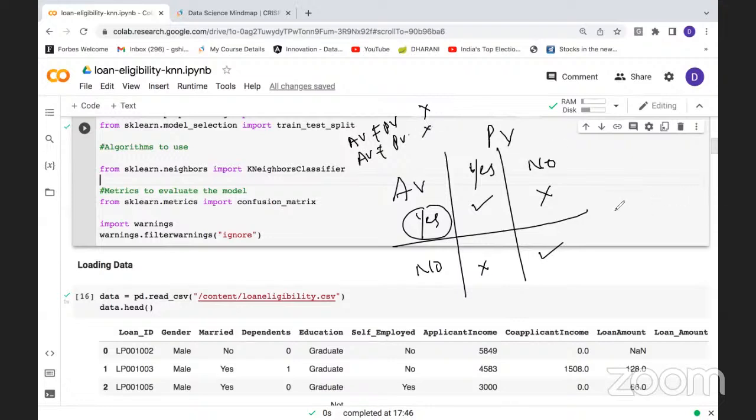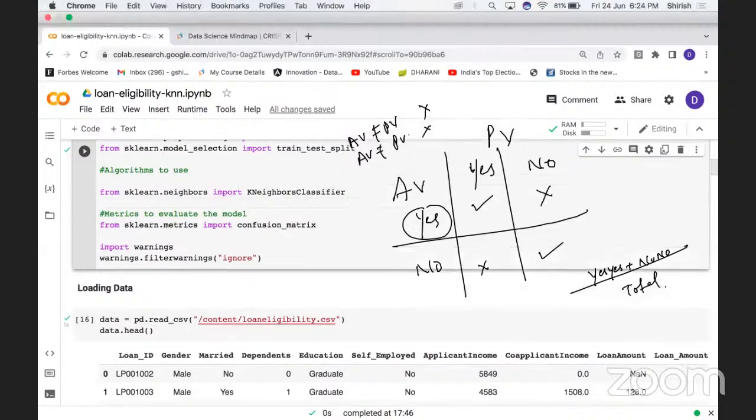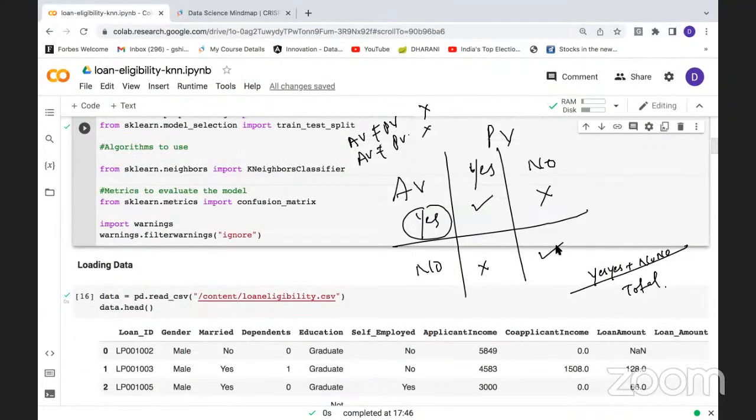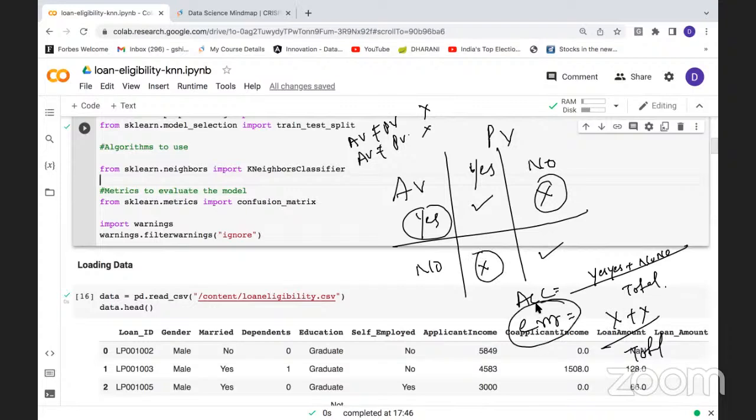How do you now find the accuracy of such models? The yes-yes scenario plus the no-no scenario, divided by the total, is the accuracy of your model. You want to calculate the error of your model? The cross mark plus cross mark, divided by the total, will give me the error.